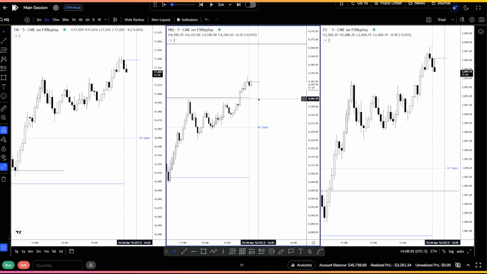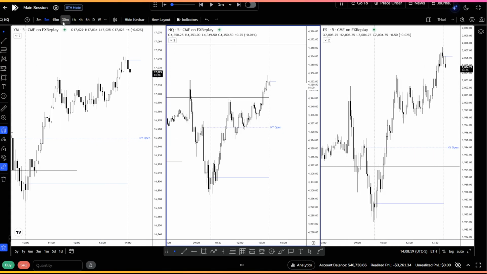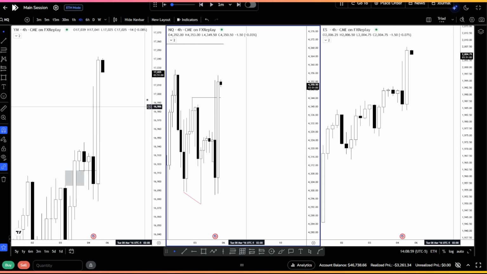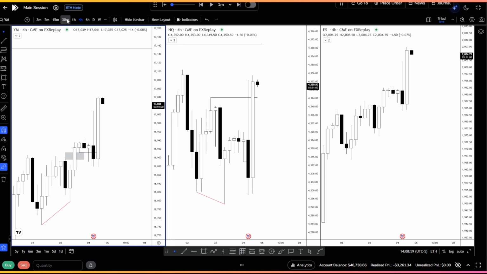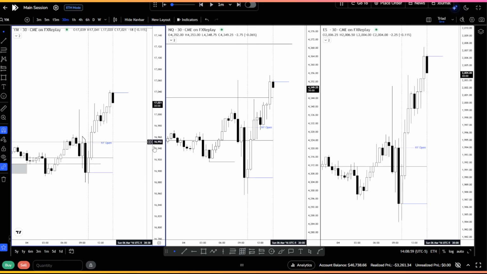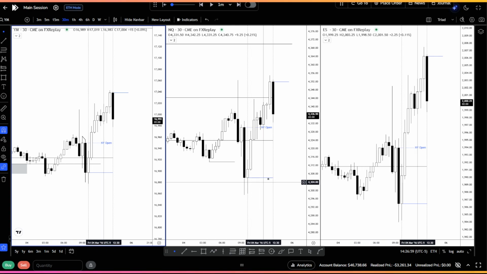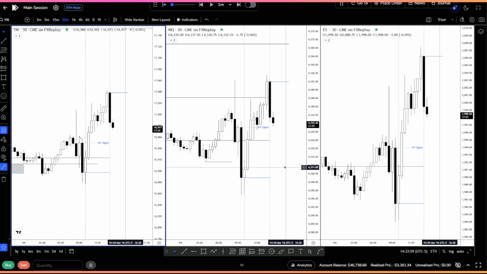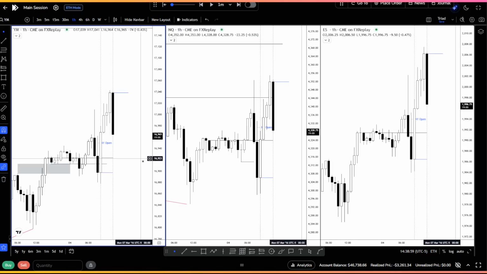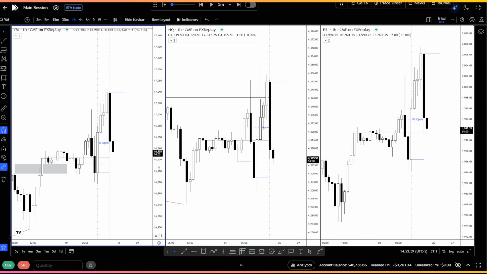This is 2 p.m. open. Yeah, very clean expansion candle. And 2 p.m. reverses. What the fuck is this? Wow.